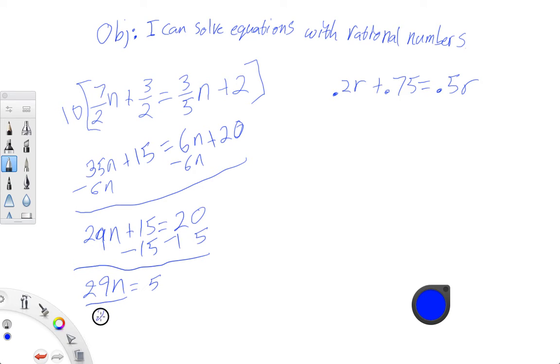Divide both sides by 29, and my answer is n equals 5 over 29. And that's fine. We can just leave it like that. That can't simplify that anyway.